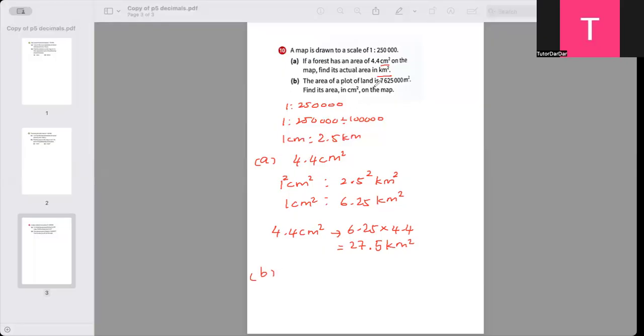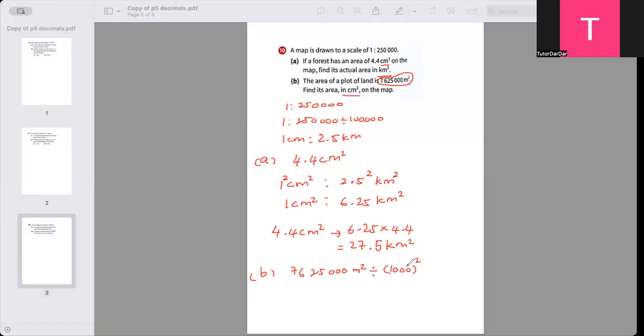Now, look at B. The area of a plot of land is 7,625,000 meter square. Find its area in cm square on the map. What we have is centimeter square and kilometer square. So we have to change this meter square to kilometer square. So 7,625,000 meter square has to be divided by 1,000 square.